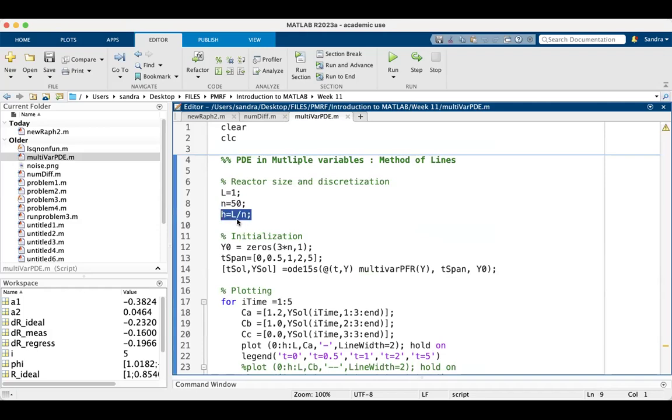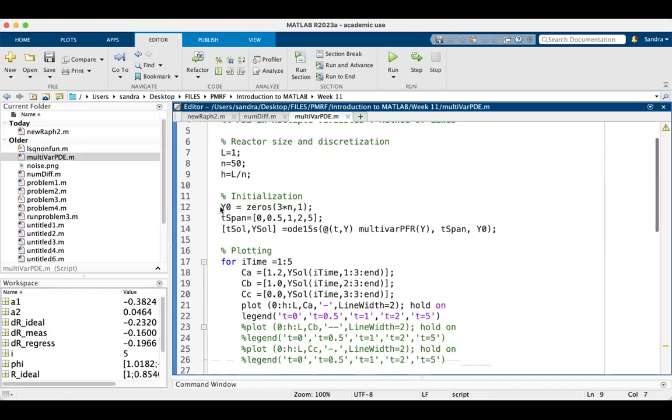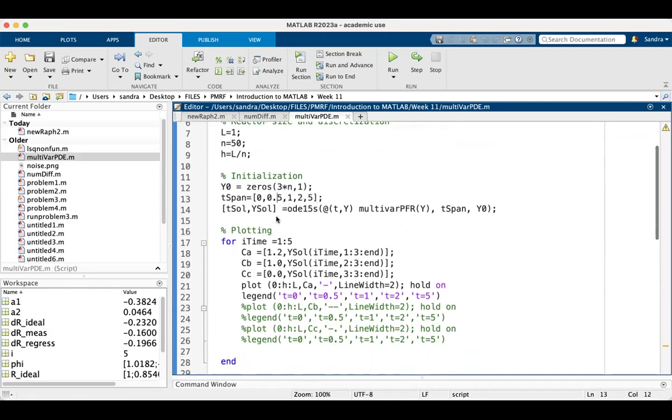Each interval span will be L divided by N. Now, I told you there are 3n equations that I have to solve for. So how many variables are there? 3n variables are there. So I declare all zeros, 3 multiplied by n, all zeros. T-span: I'm only intending to look at time points 0, 0.5, 1, 2, and 5. So there are only 5 readings with respect to T-span.